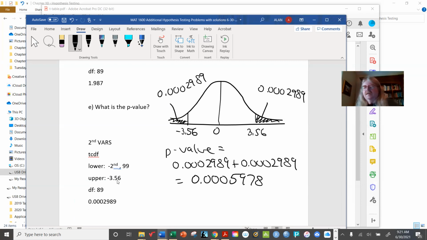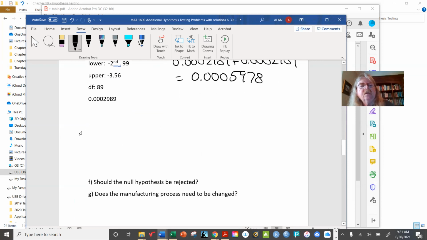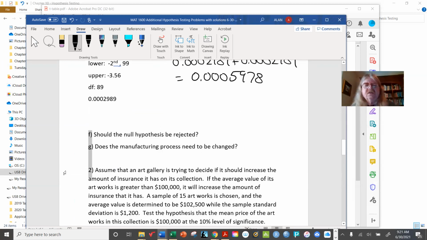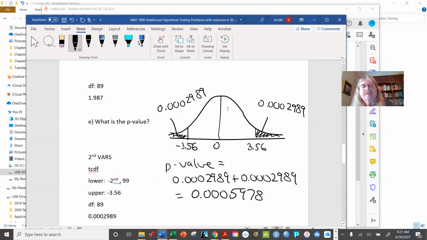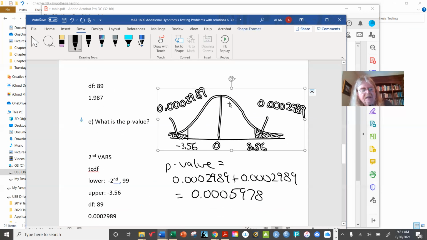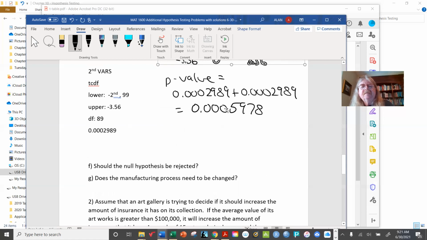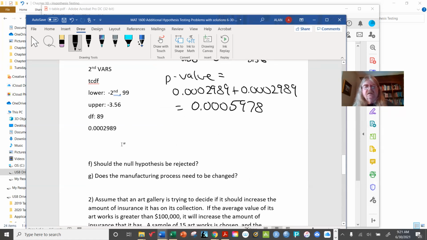All right, now that's a small number. So the conclusion then, and there's two different ways of looking at it. The test statistic, if you look at this graph again, in fact, let me bring it down here, is well out in the rejection region.